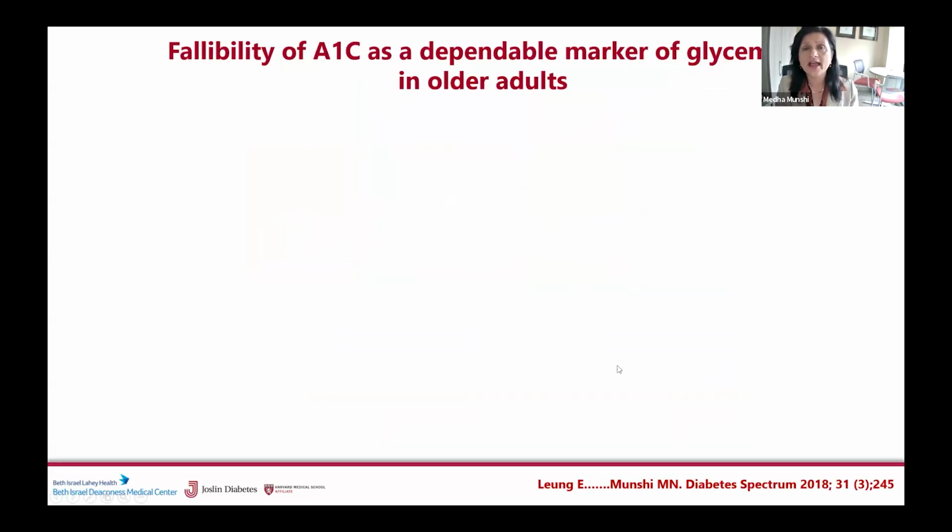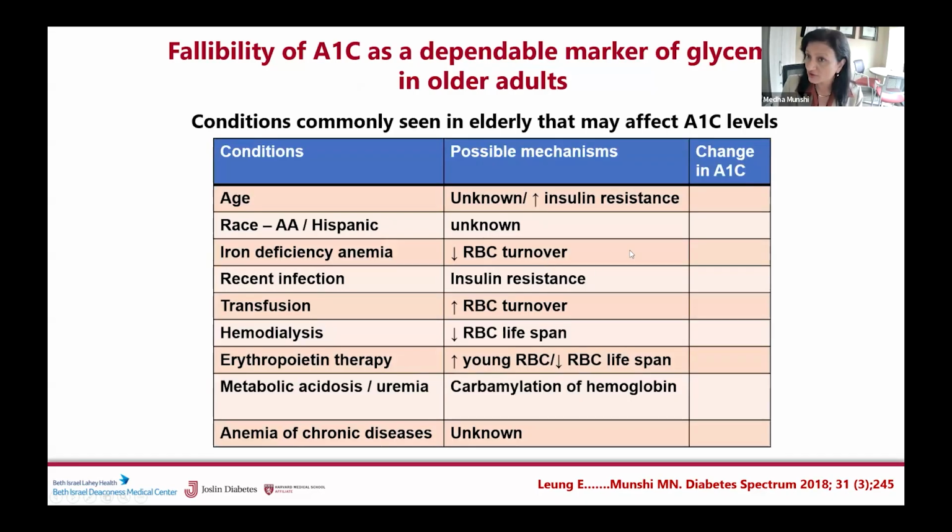The only worry I have is that this depends a lot on hemoglobin A1C. But hemoglobin A1C may not be a dependable marker of glycemia, especially in older adults. When we measure hemoglobin A1C, we are measuring a glycation product, the glucose that is attached to the RBC molecule.